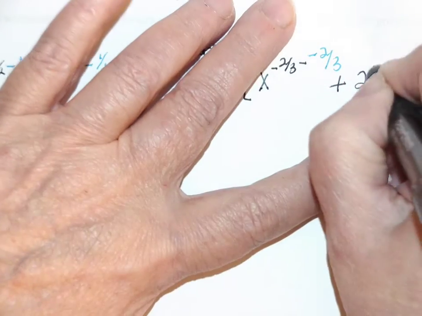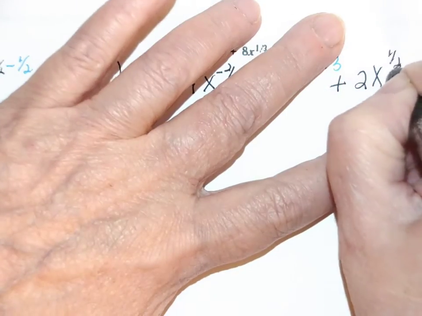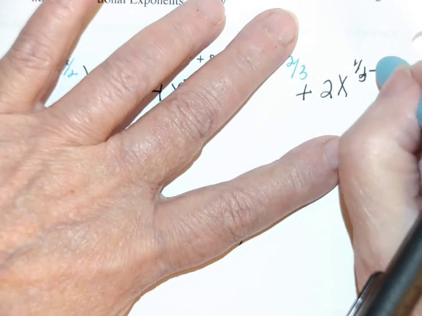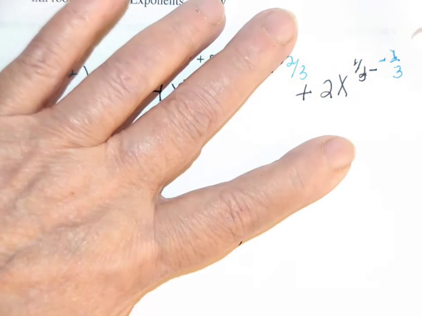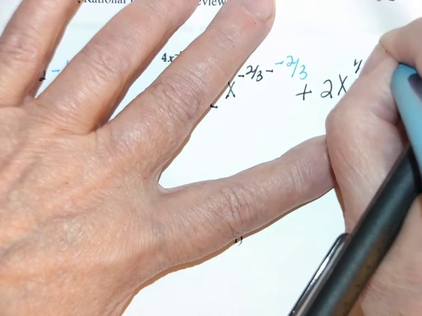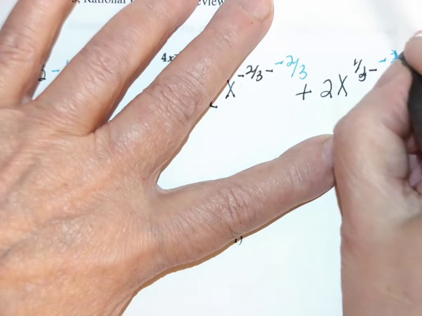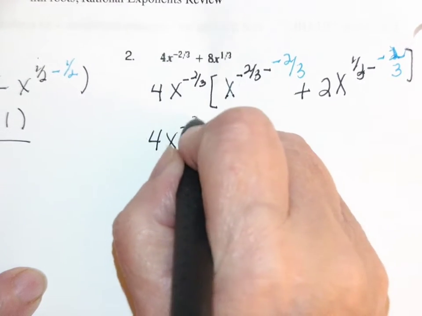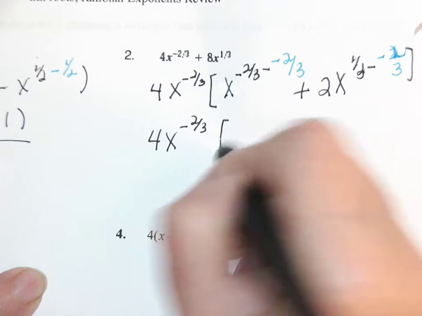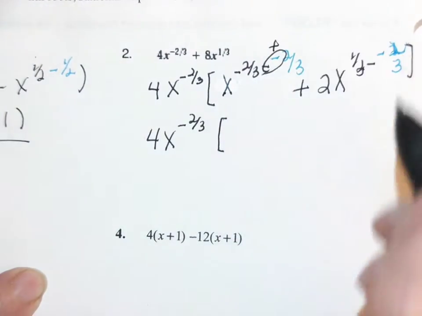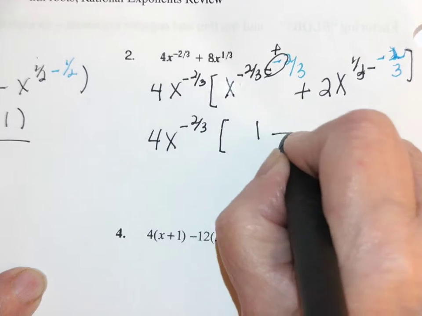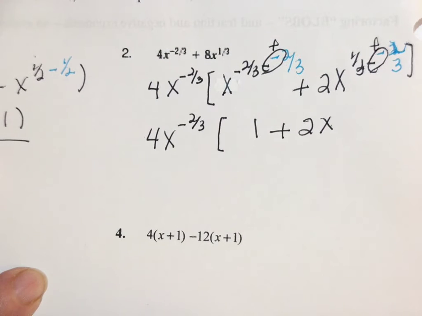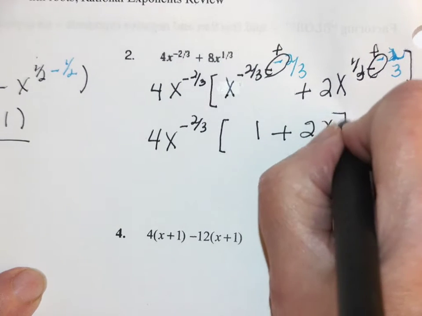Plus 2 x to the 1/3 minus, move this over, a minus 2/3, excuse me. So what am I going to be left with? 4x to the negative 2/3 times, minus a minus is a plus, x to the 0, that's 1, plus 2x, minus and a minus is a plus, 1/3 plus 2/3 is 3/3, or 1.